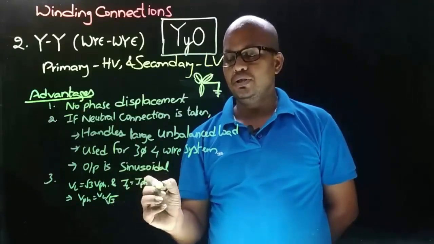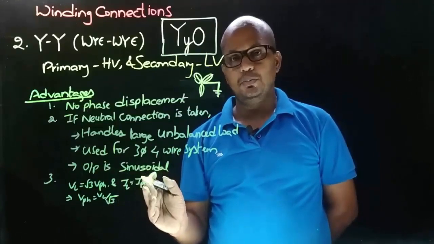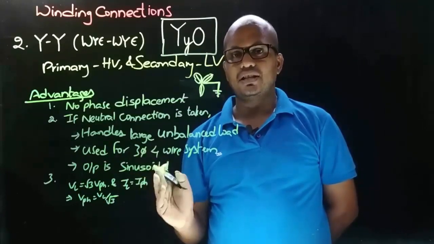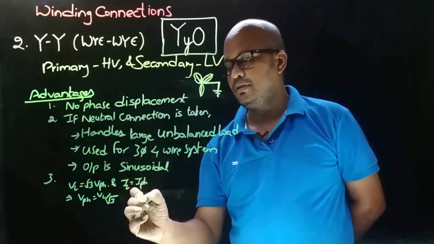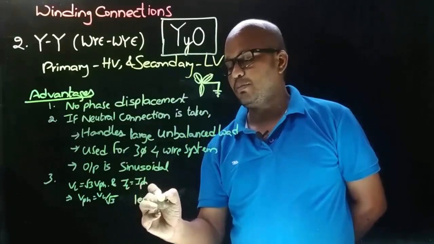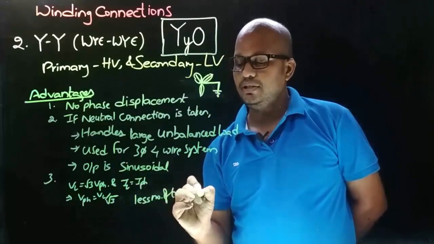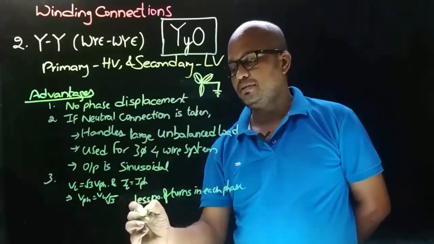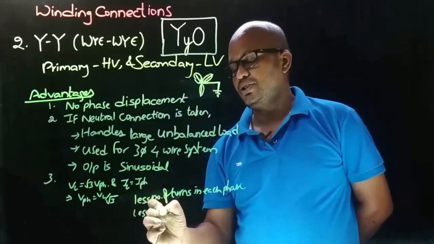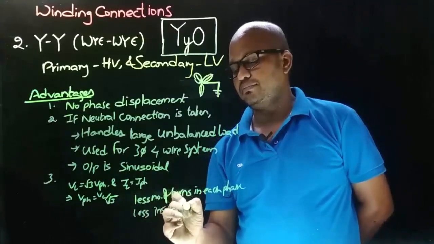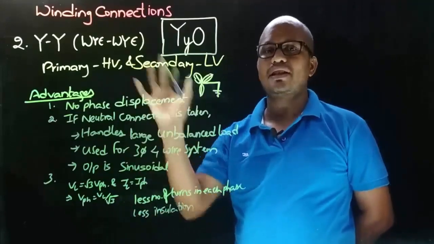So because of which high cross section conductors are to be used in star connection, means less number of turns in each phase, means less insulation is required. So these are the advantages of star-star connection.